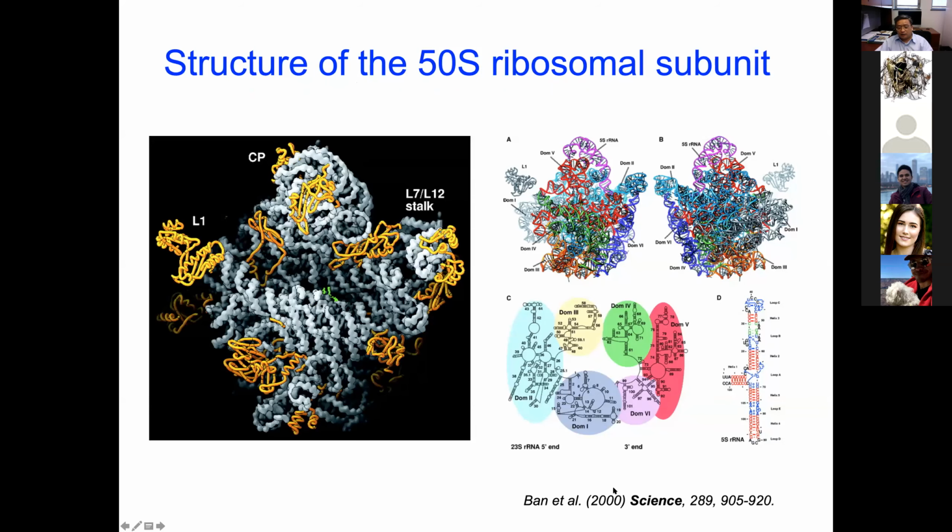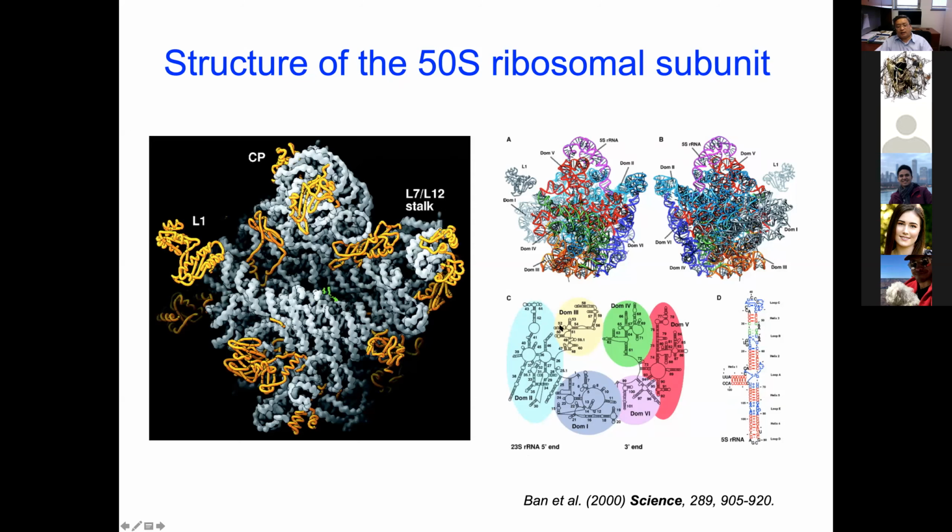This is the 2000 picture from the Yale group of the large subunit structure of the ribosome. And you see here the 23S ribosomal RNA. It is a single RNA molecule, but it folds into this six-domain structure, with different colors.